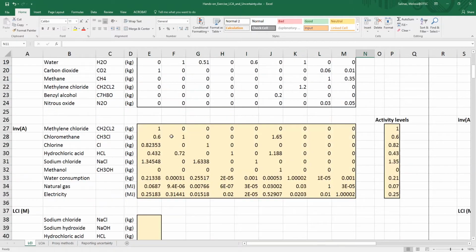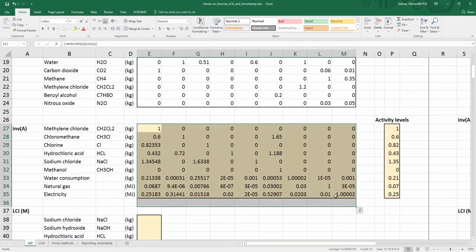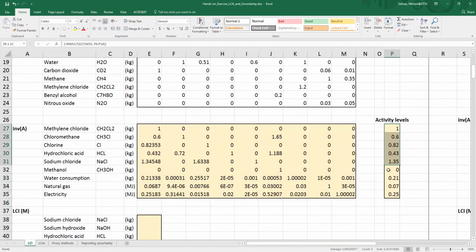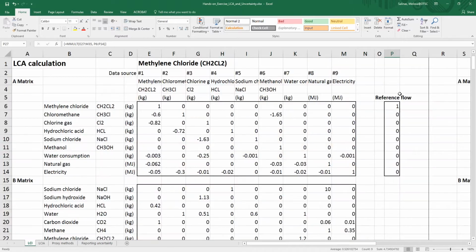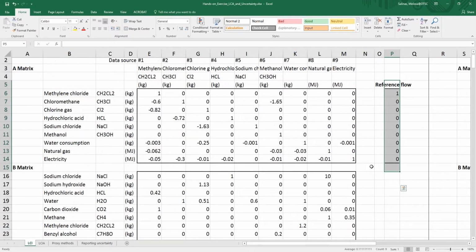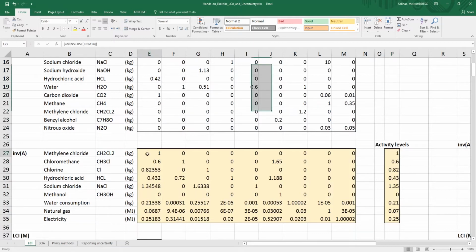Second, we multiplied the inverse of the technology matrix by the reference flow vector. Or you could have just copied and pasted the first column to these cells, just the numbers. That's what we have done so far.